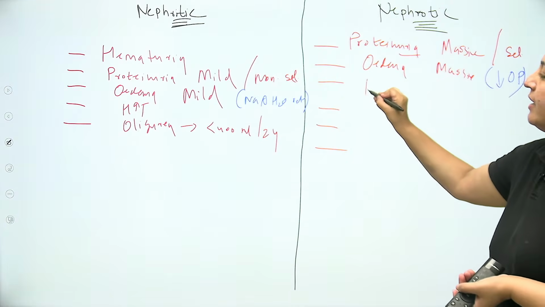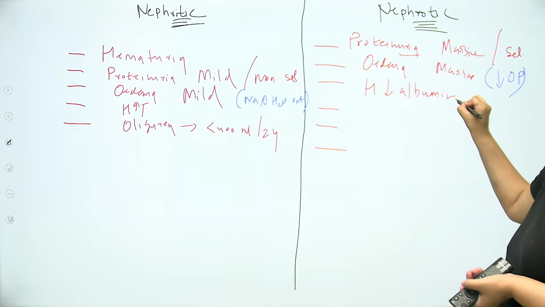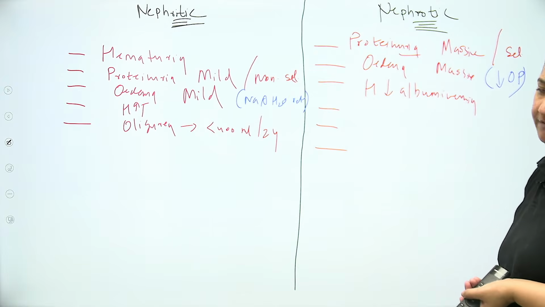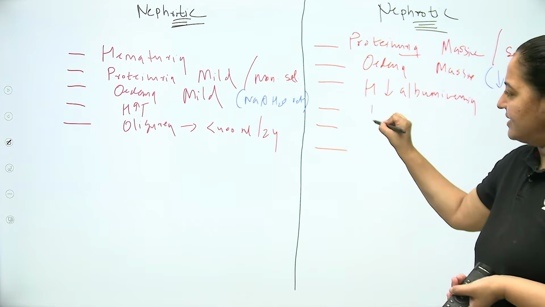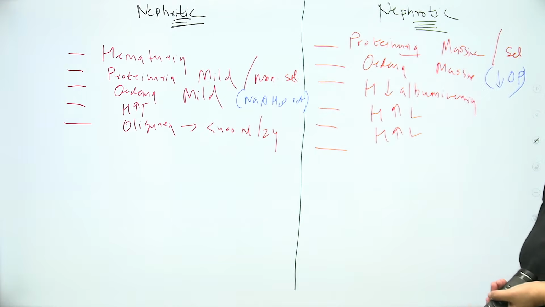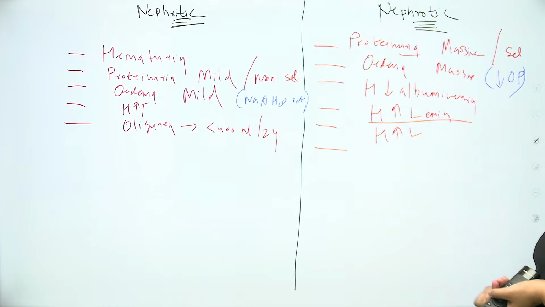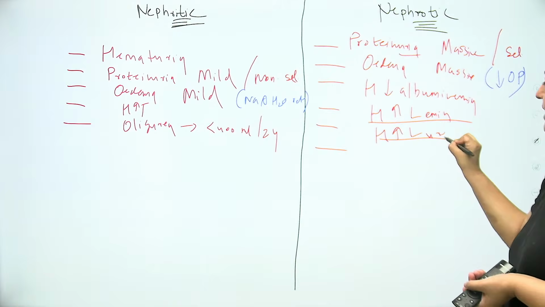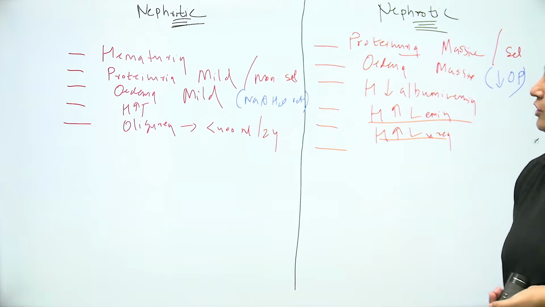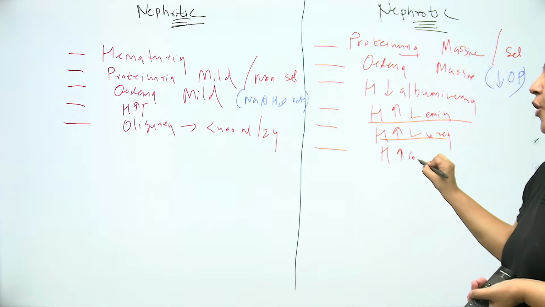Massive proteinuria leads to hypoalbuminemia, so less albumin in the blood. We understood that also. There is hyperlipidemia in the blood and hyperlipiduria in the urine. Hyperlipidemia, that is increased lipid in the blood, and hyperlipiduria, that is increased lipid in the urine. You know the reason for both of them, I guess. And the last one, the blood becomes hypercoagulable.